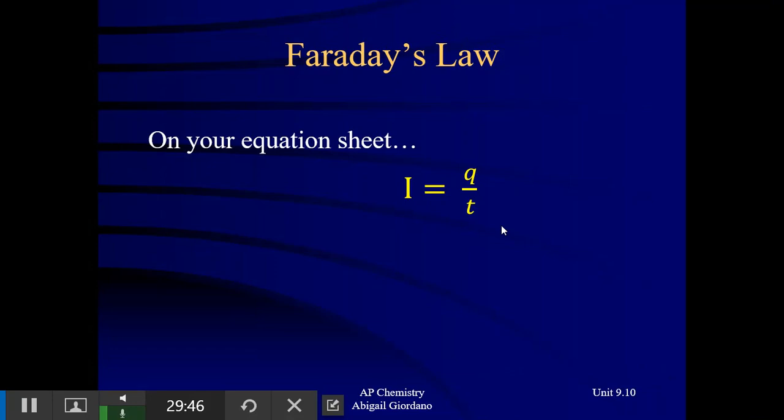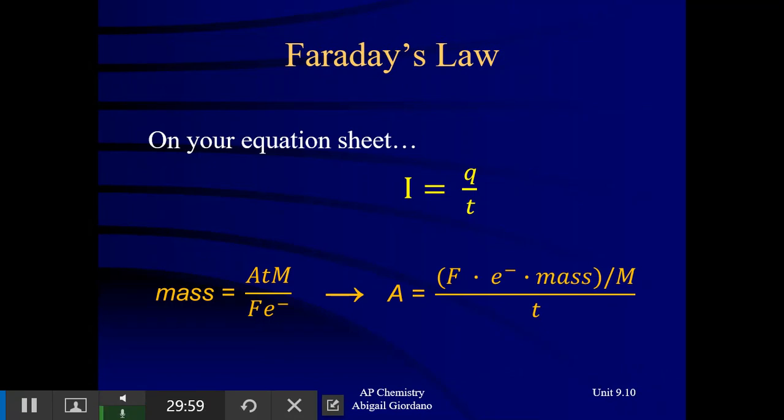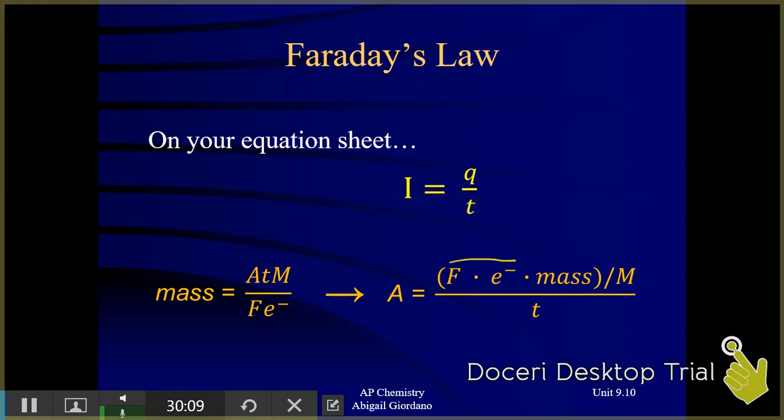And if you think about it, this little shortcut equation, Faraday's law, I equals Q over t, is really just a rearrangement of that. Because I is amps, Q is coulombs, and if you multiply Faraday's constant times your moles of electrons times the mass of metal deposited divided by the molar mass, if you don't believe me, I promise you can see it for yourself.